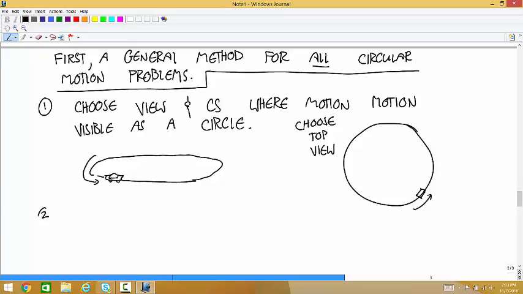Second, choose a point on the path to analyze. And when I say a point, I'm talking about a single instant where the object is at a single location.